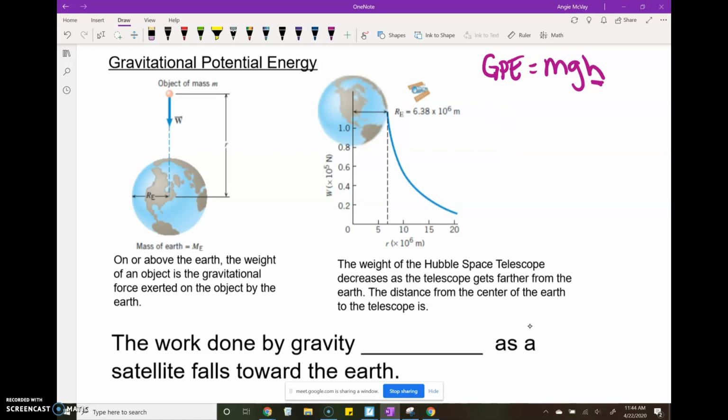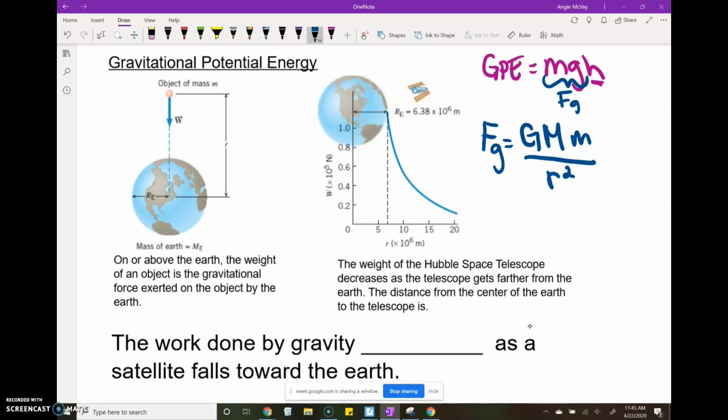But we know from our understanding of Newton's universal law of gravitation, where mg on the surface of the Earth is the force due to gravity, that on a planetary scale, the force due to gravity depends on our gravity constant, the mass of the planet, and the mass of the smaller body near that planet, and it decreases in an inverse squared relationship with how far that object is away from the center of that planet, right?